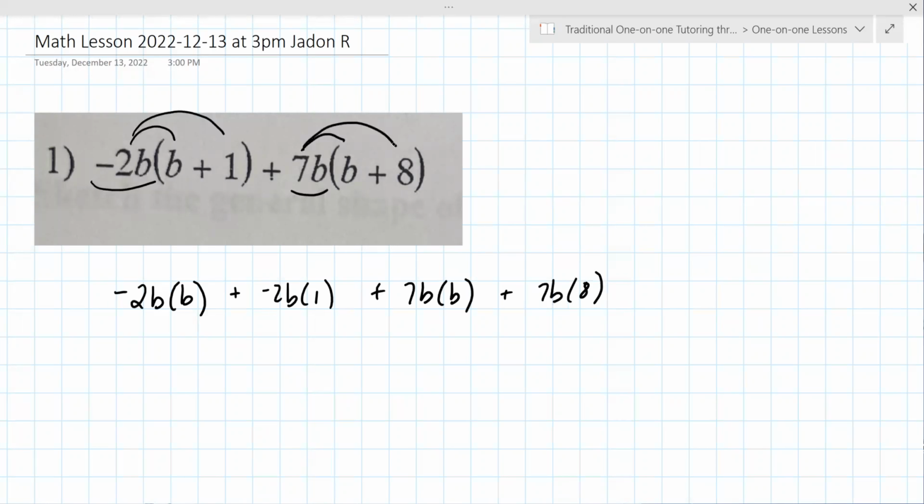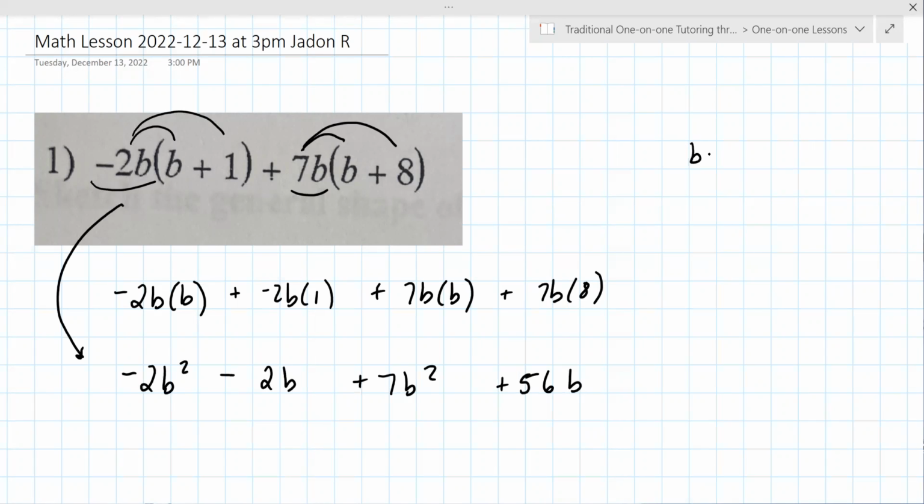Some students can just directly go and say, okay, it's minus 2b squared minus 2b plus 7b squared plus 56b. The only thing here is that b times b, there's an exponent of 1 for both of them. It's 1 plus 1, or b squared, like that.